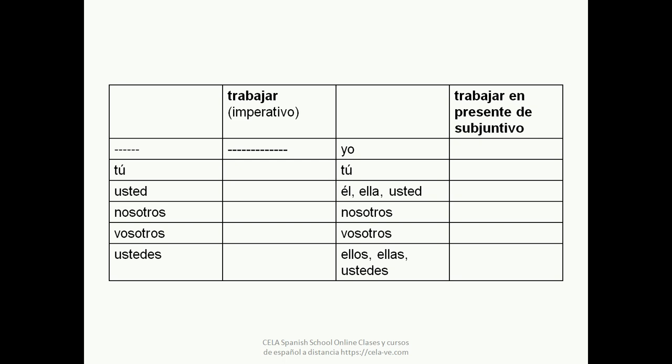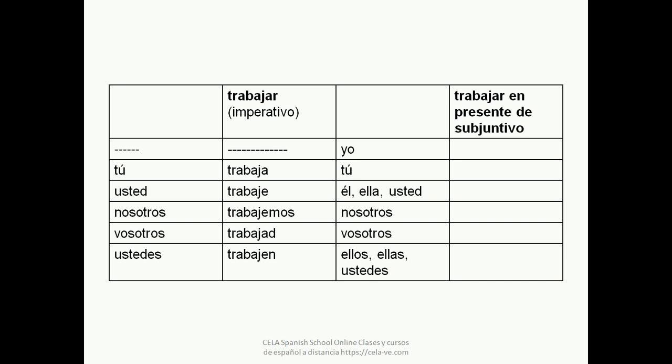In the positive imperative, we have tú trabaja, usted trabaje, nosotros trabajemos, vosotros trabajad, ustedes trabajen.